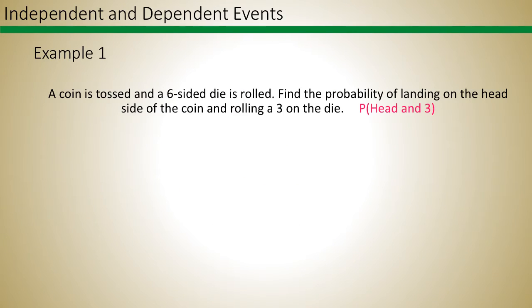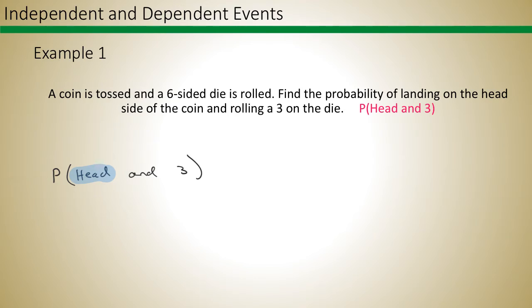So here's an example. It says a coin is tossed and a 6-sided die is rolled. Find the probability of landing on the head side of the coin and rolling a 3 on the die. Okay, so we're trying to find the probability of head and 3. First, the probability of landing on heads.